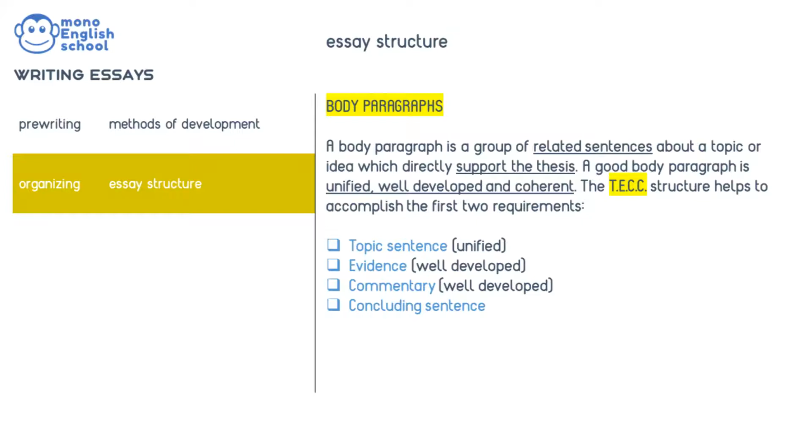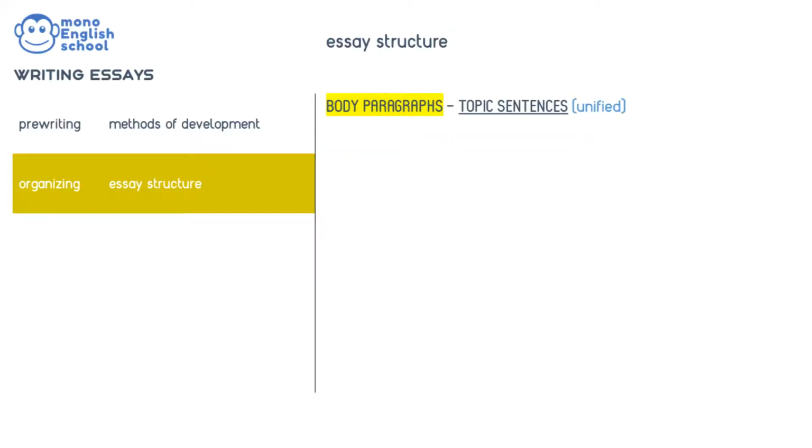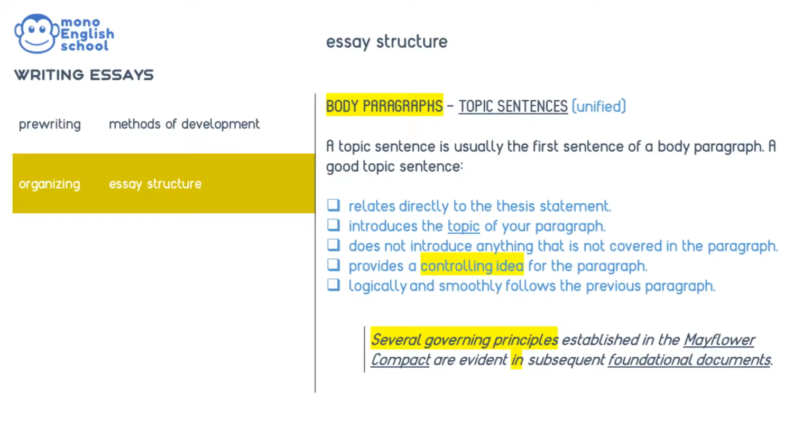First, topic sentences, which help in the pursuit of unity. A topic sentence must relate directly to the thesis statement. It must introduce the entire topic of the paragraph, but nothing that is not discussed in the paragraph.